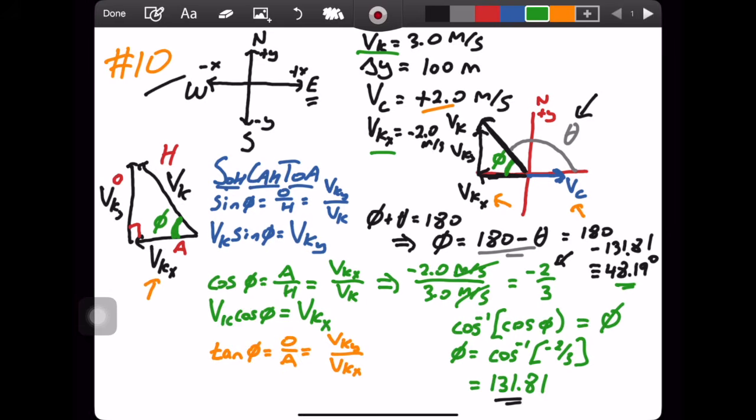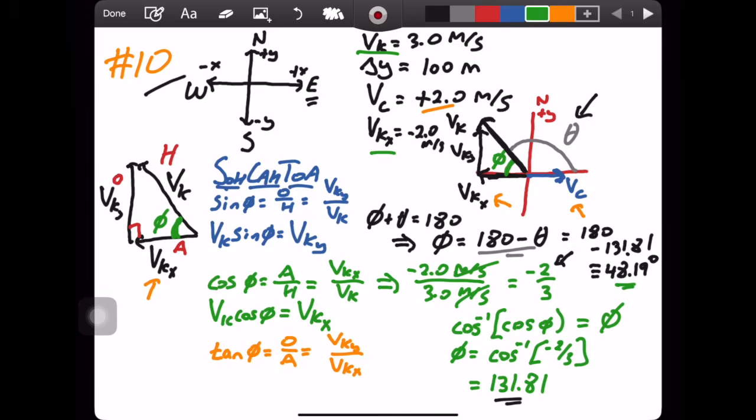Either is saying the same thing, but in terms of figuring out our components, it's going to be easier to just look at the right triangle where you have the kayaker's velocity in the second quadrant, its x component being negative and its y component being positive.